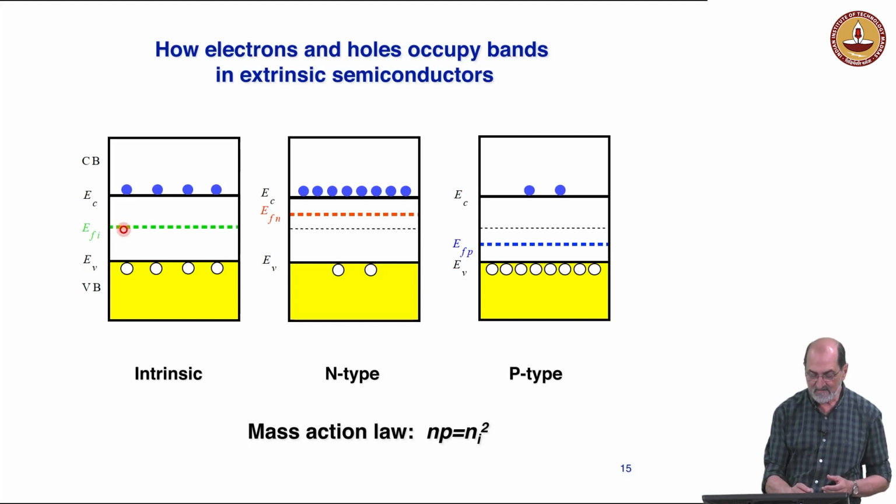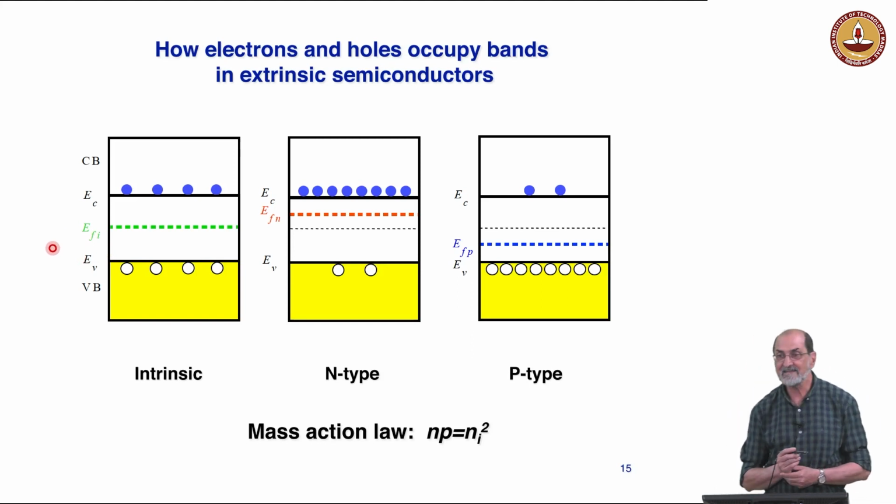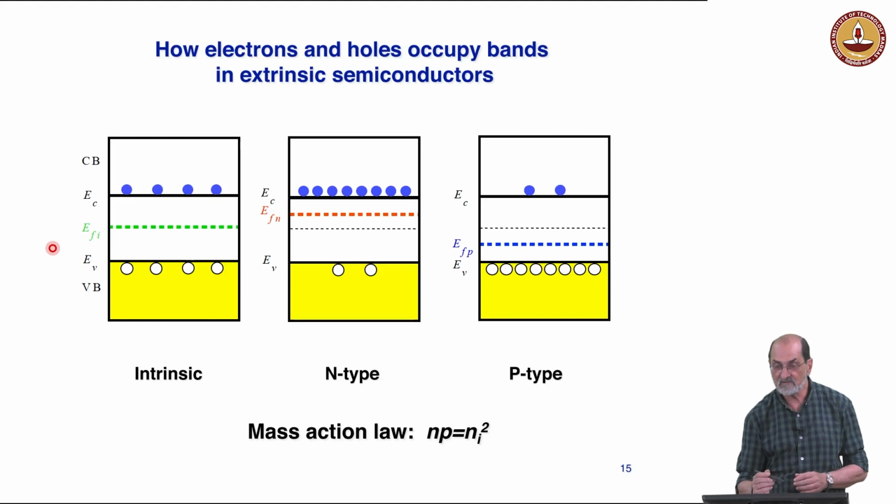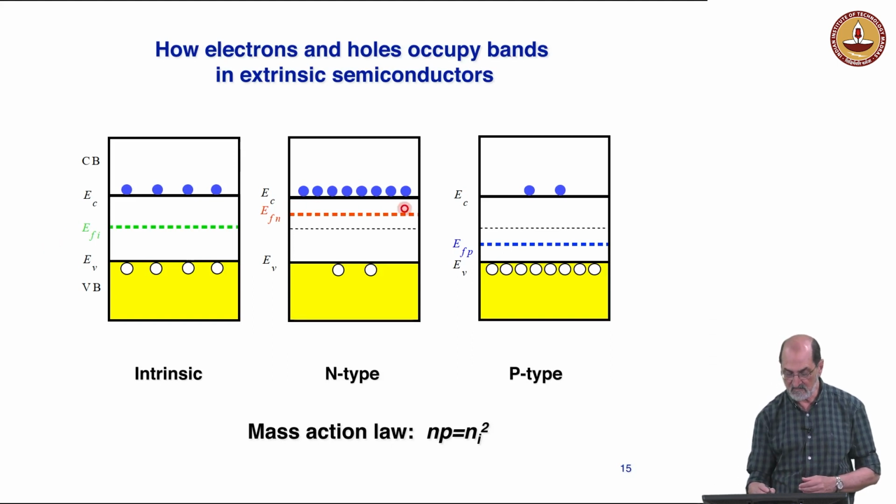This position of the Fermi level is called the Fermi level position for an intrinsic semiconductor. That's why it's called EFi. For the case of an N-type, the Fermi level is not in the middle of the gap. It's higher, as seen here, because with the Fermi level for an N-type semiconductor, the number of electrons is now more, and the number of holes is lower than before.